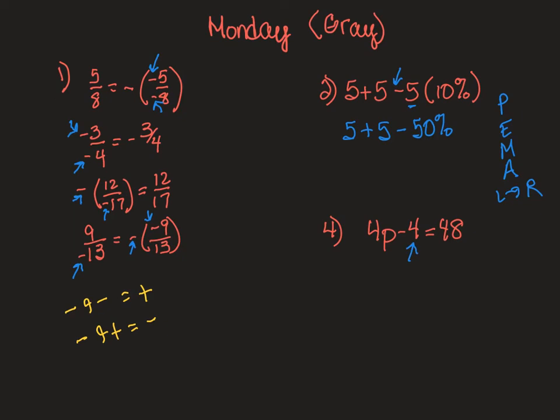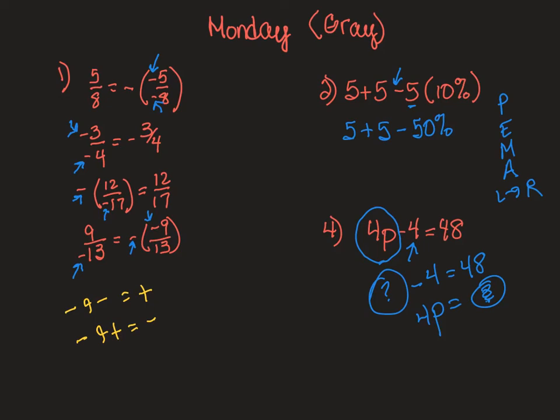So where did he start? Okay, so this something minus 4 is equal to 48. Okay, so I'm finding out what that number is. And that 4p is going to equal that number.